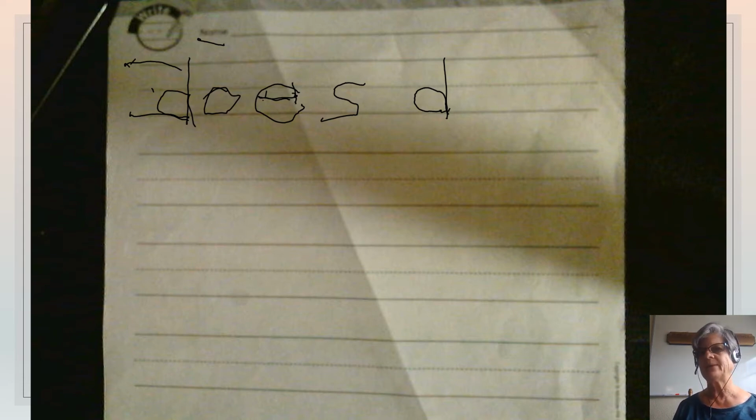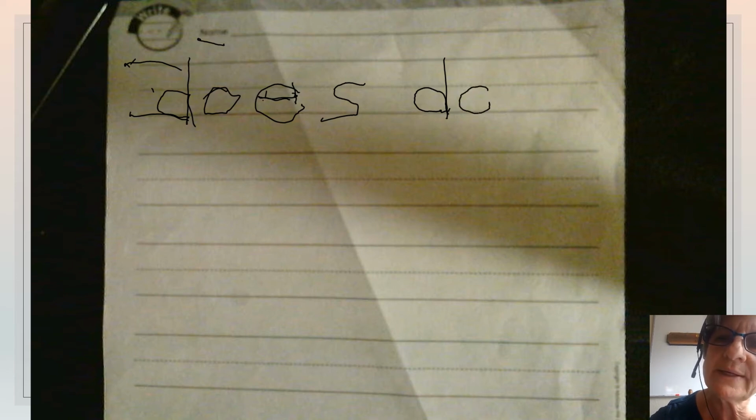Please do it on your paper. Make sure you leave space between the S and the other word does and the D. Next, write a lowercase o. Remember how the word does has the word do in it. Okay? D-O. Write the O, please.